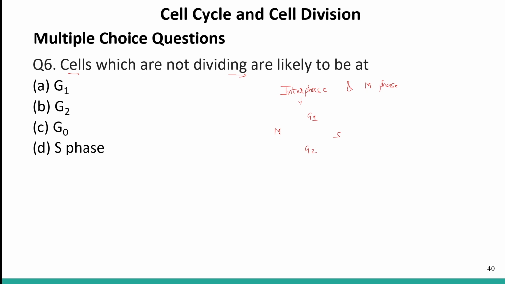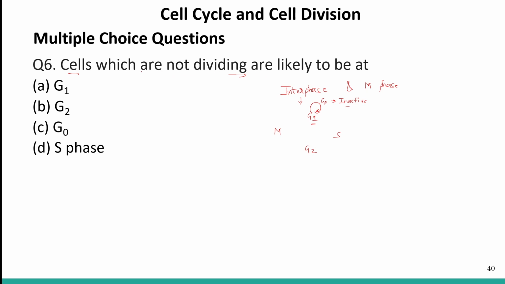So here they are asking cells which are not dividing. Sometimes some of the cells such as heart cells, some skeletal muscle cells, some lymphocytes, some nerve cells, they exit the G1 phase. Okay, they exit the G1 phase and they enter an inactive stage known as the G0 phase or the quiescent phase. This is an inactive phase where the cell is metabolically active but it doesn't proliferate.